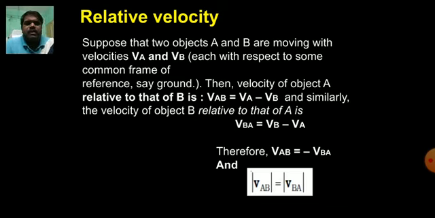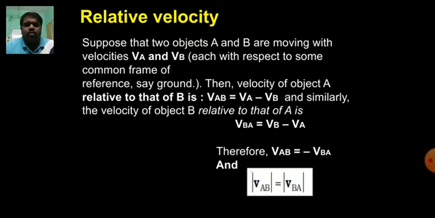Here VBA stands for velocity of object B with respect to object A. Clear? And what does VAB mean? V stands for velocity, and VAB stands for the velocity of object A with respect to object B.